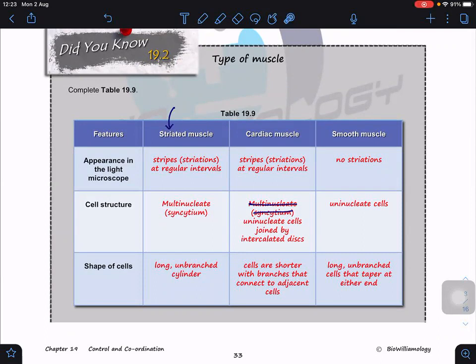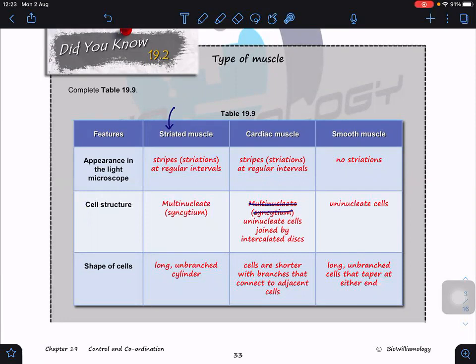In terms of appearance under the light microscope, you can see that there are stripes, meaning there are striations at regular intervals, same as cardiac muscle. Smooth muscle doesn't have the striation. In terms of cell structure, striated muscle is multi-nucleated, or we call it syncytium, which basically means more than one nucleus.